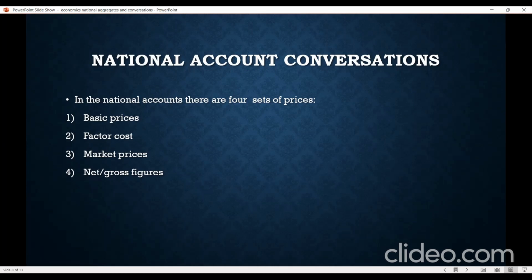Now, let us speak of the market prices. The market prices are used when GDP is calculated using the expenditure method, right? These are the prices that consumers pay for goods and services, the prices that we pay in the shops when we buy goods, when we buy services, right? And these prices include taxes, they also include subsidies, right?